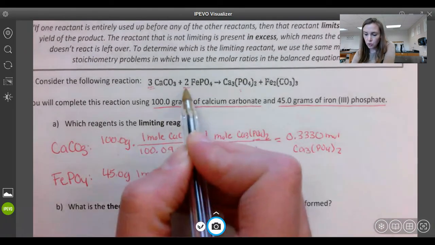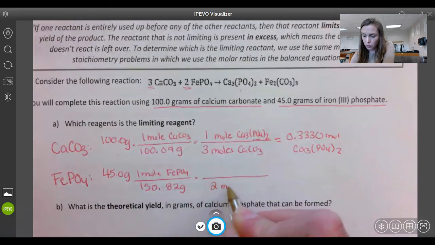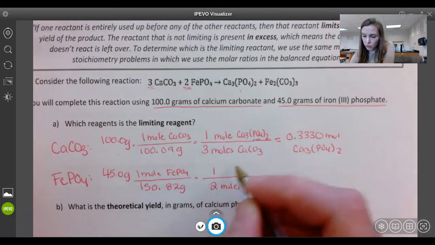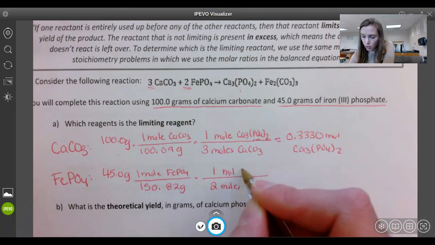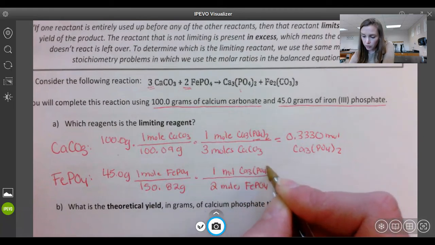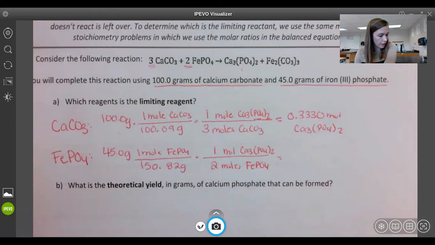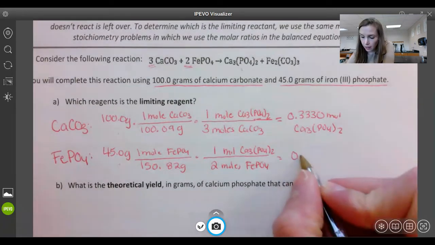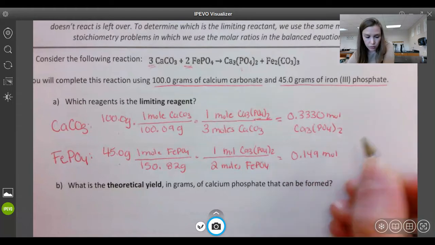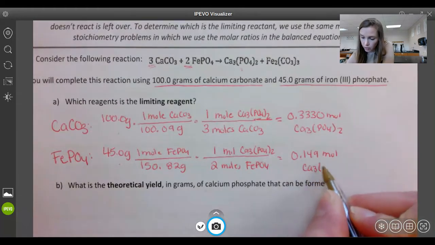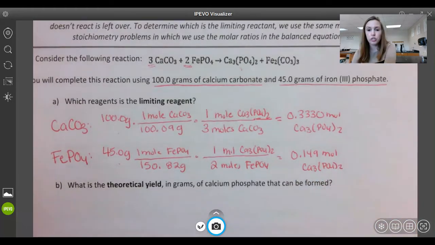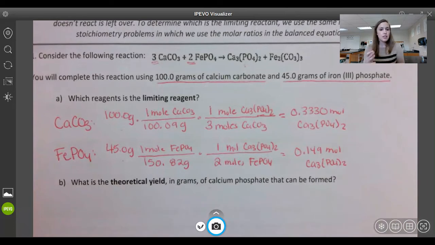In this case, I'm doing iron 3 phosphate. So for every 2 moles of FePO4, that's going to produce that 1 mole of the Ca3(PO4)2. Okay, when I go ahead and plug that into my calculator, rounded to the 3 sig figs that I started this one with, I get 0.149 mole of Ca3(PO4)2.